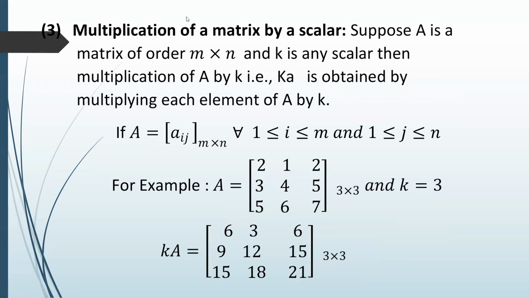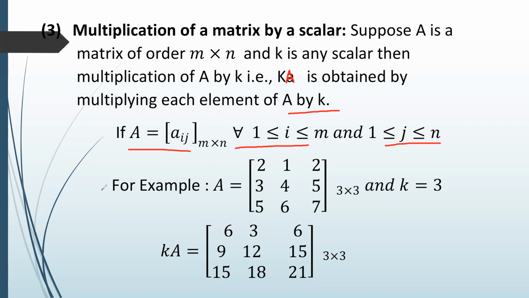Okay, this is capital A. It is obtained by multiplying each element of A by k. If we have a matrix like that Aij, for all i lies between 1 to m and j varies from 1 to n.